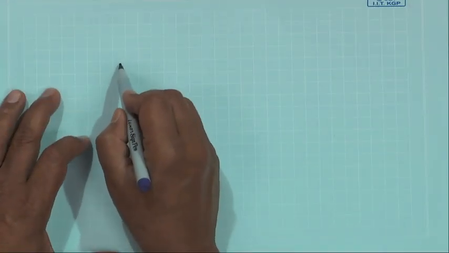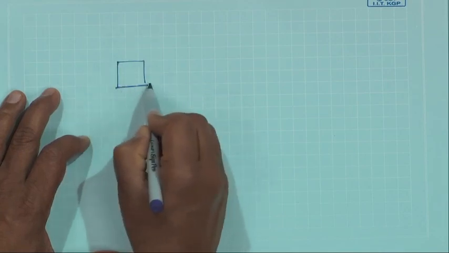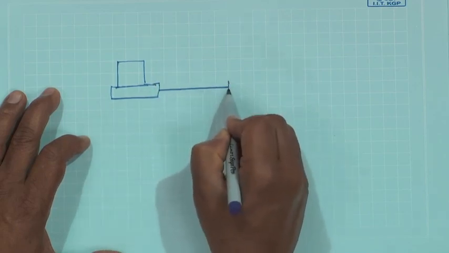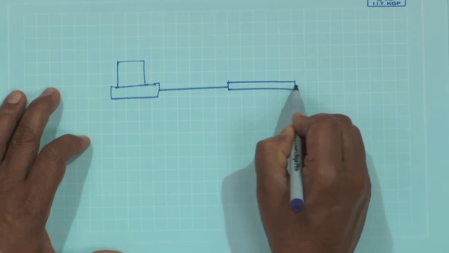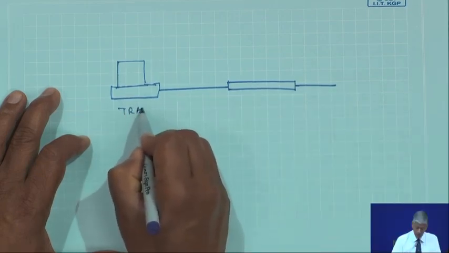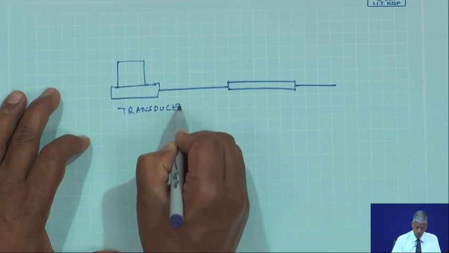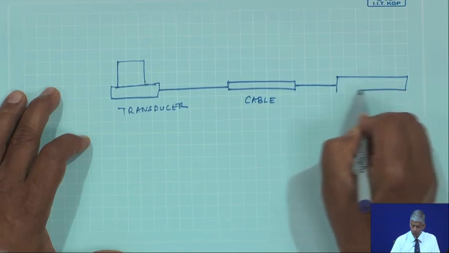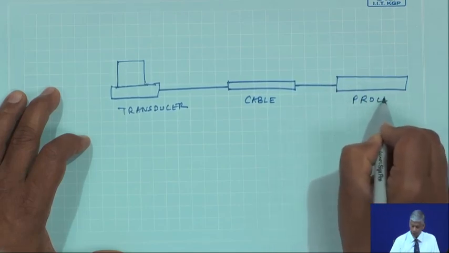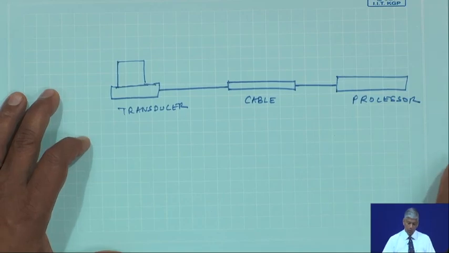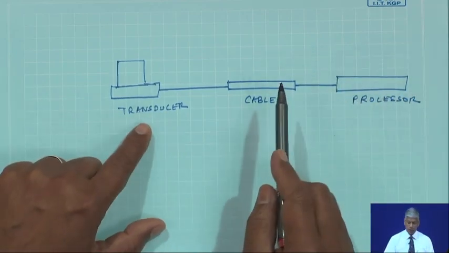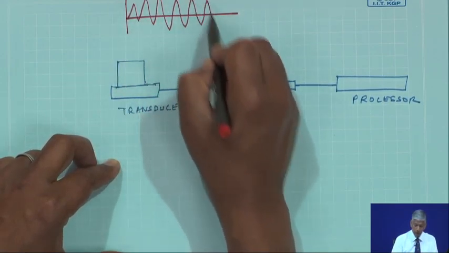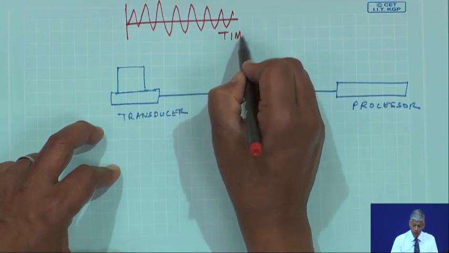So, one has to be very, very careful that when I have a transducer and I have a cable, I am drawing a cable like this, because cable is also a system, and then I have my processor. All of these are systems, and because I am dealing with dynamic signals, signals are varying with time.